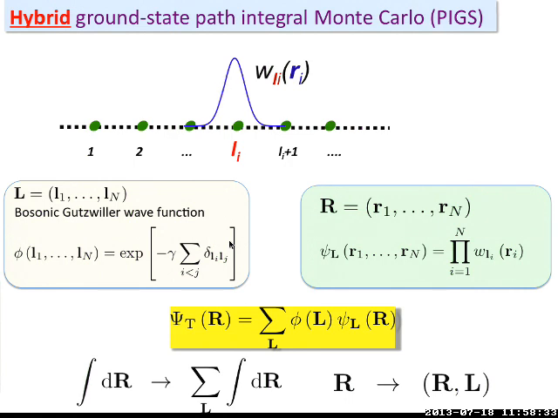Okay. And then for each particle in the system, we will have a coordinate in real space, but we also associate to that a pseudo coordinate on this lattice. Okay. And then if you imagine that you're working on a discrete lattice, then you know how to describe a good wave function, which can describe both a superfluid phase but also an insulating phase. And this is the so-called bosonic Gutzwiller wave function.